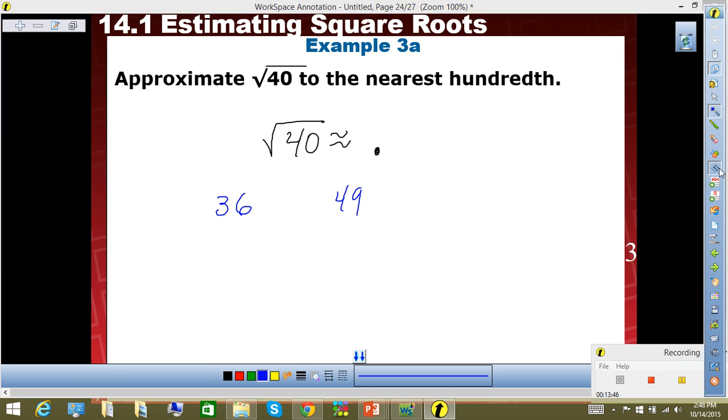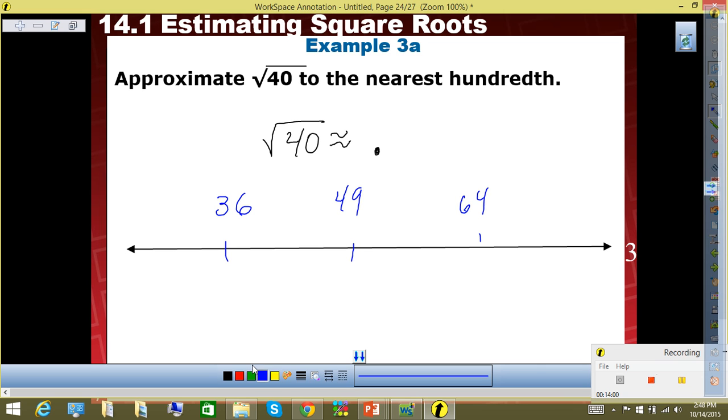If I was to get a number line out, what would be the next perfect square number? 7 times 7, 49. 8 times 8 is 64. So watch. If I need to estimate now to decimal, square root of 40, what is square root of 36? 6.